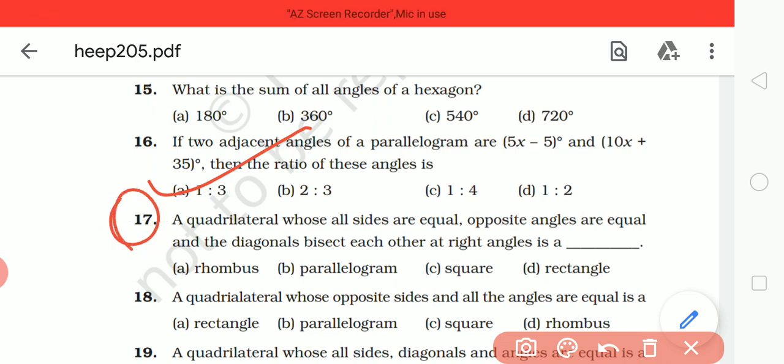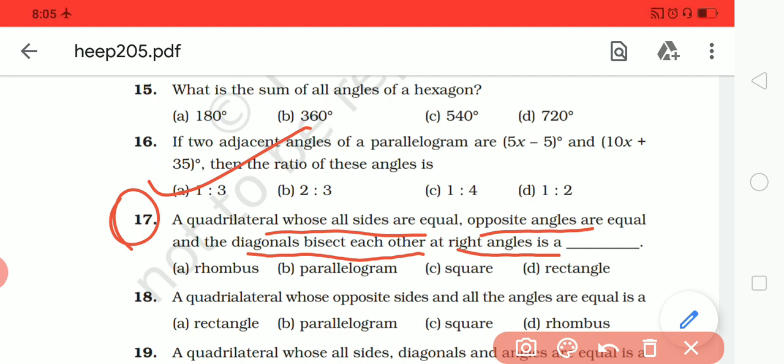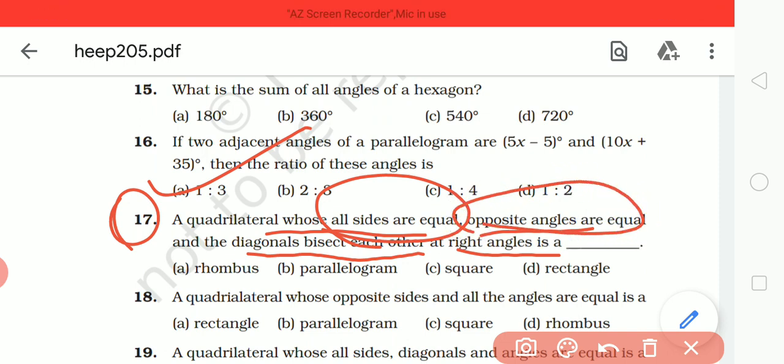Come to question number 17. The quadrilateral whose all sides are equal, opposite angles are equal and the diagonals bisect each other at right angles is. Okay, these all properties lie in the square, right? All sides are equal, so two possibilities are there. One can be a rhombus and the second is a square. Opposite angles are equal in both square and rhombus.